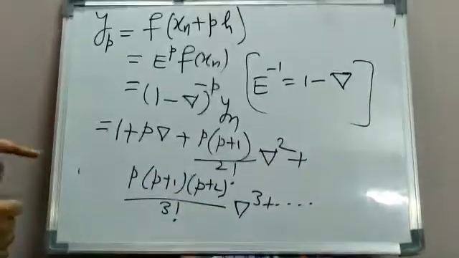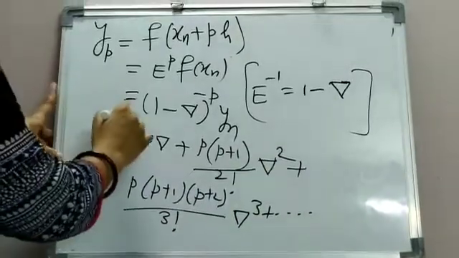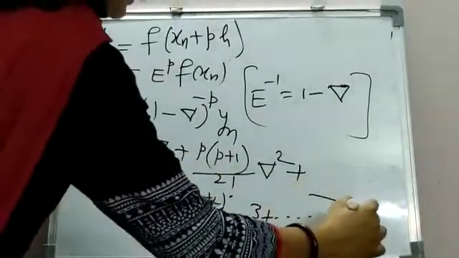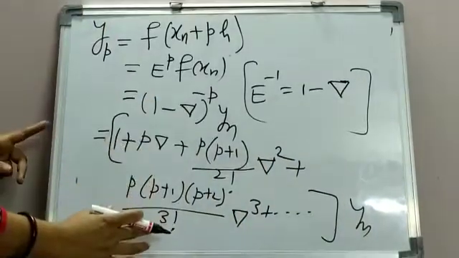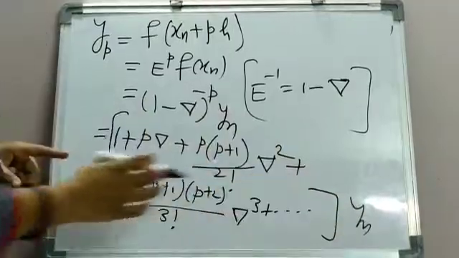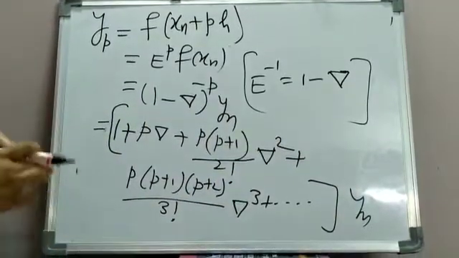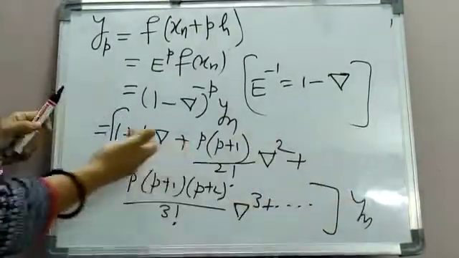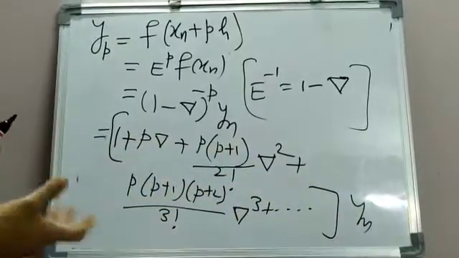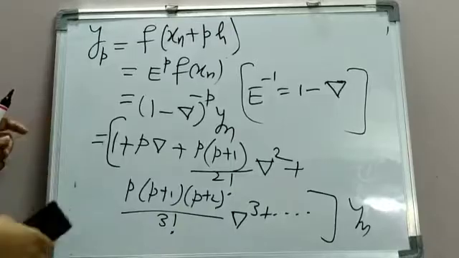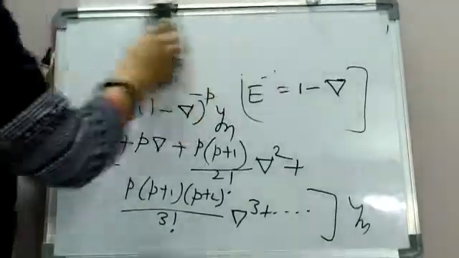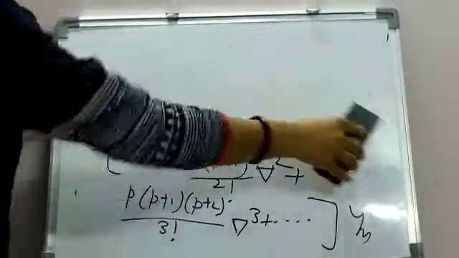So this is the binomial expansion, and here yn is present and remains as it is. In the next step we will distribute this yn to each and every term, and the formula for Newton's backward interpolation will be ready. So let us see what we get finally.